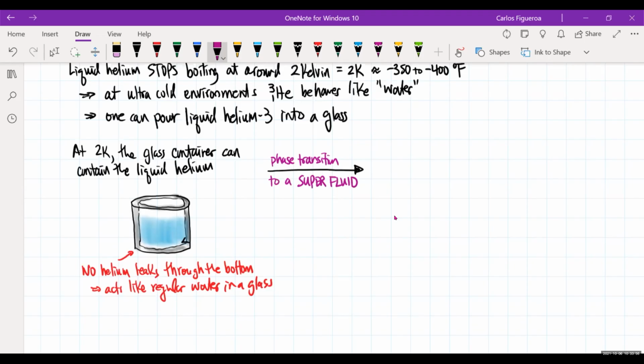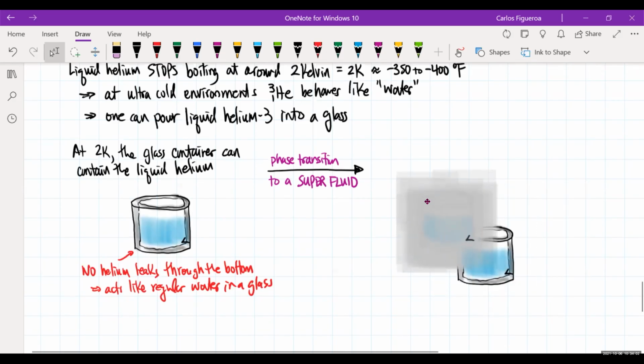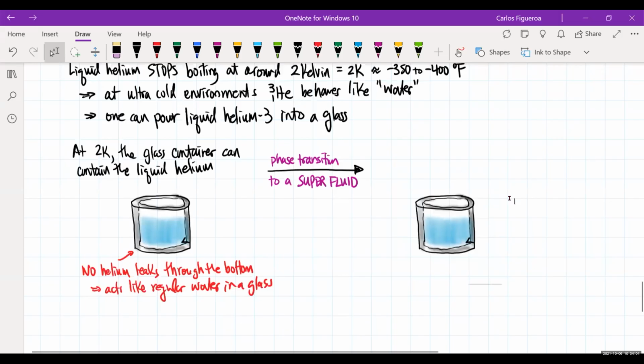And what happens in the superfluid state is that now the liquid helium is leaking out of the bottom here.